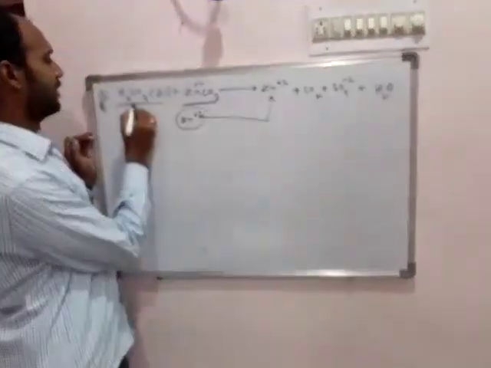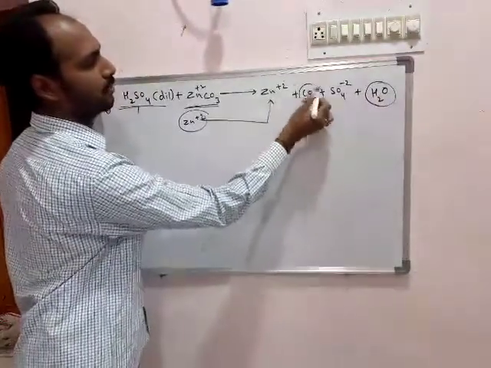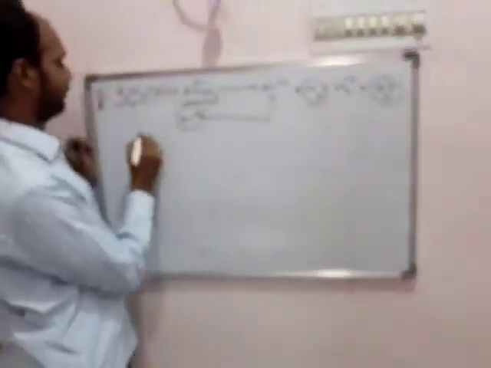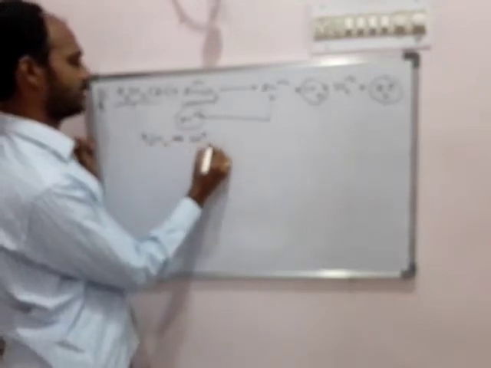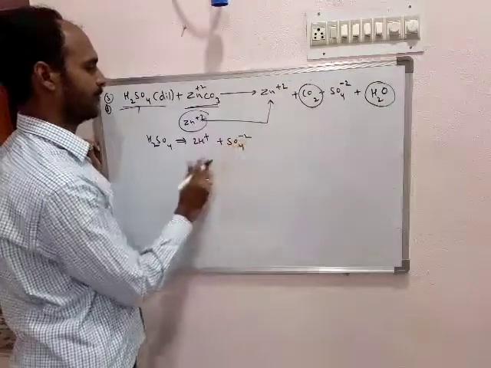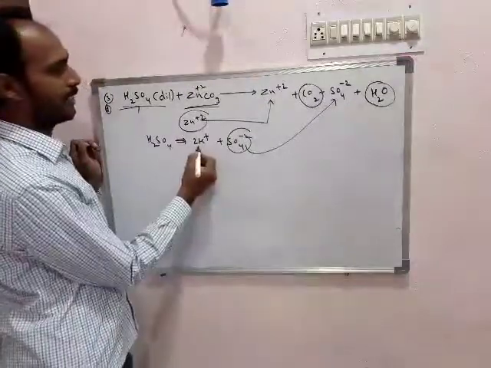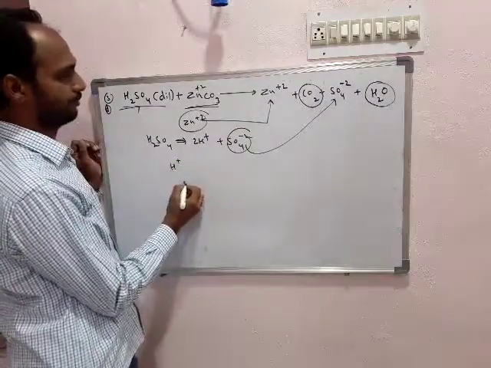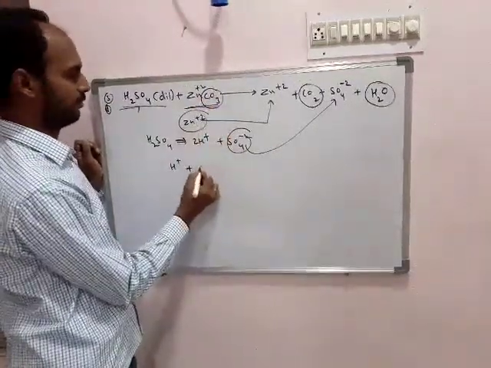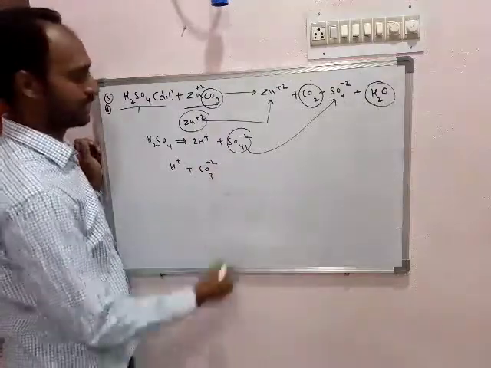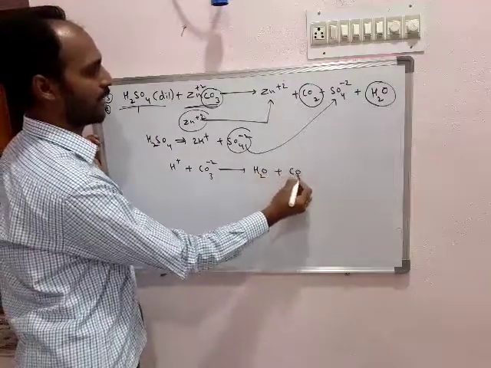But here there is a formation of H2O and CO2. So how is it possible? The H2SO4 releases H plus and SO4 minus 2. These two H plus ions react with the carbonate ion, forming H2O and CO2.